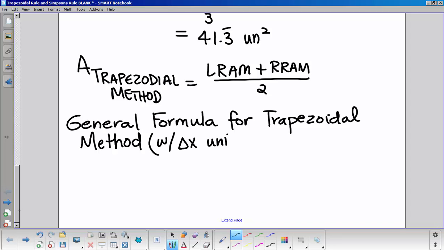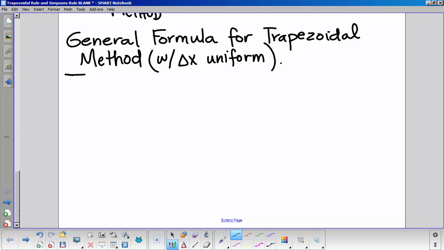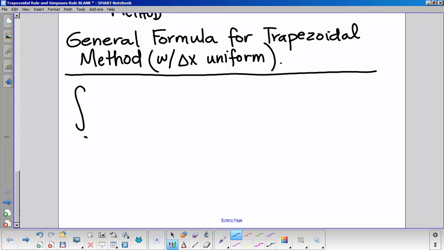Now what do I mean by that? That means they're all the same width. Okay, so we can approximate the area under the curve from A to B of f of x dx. And remember, it was the height over 2, and the height was delta x.